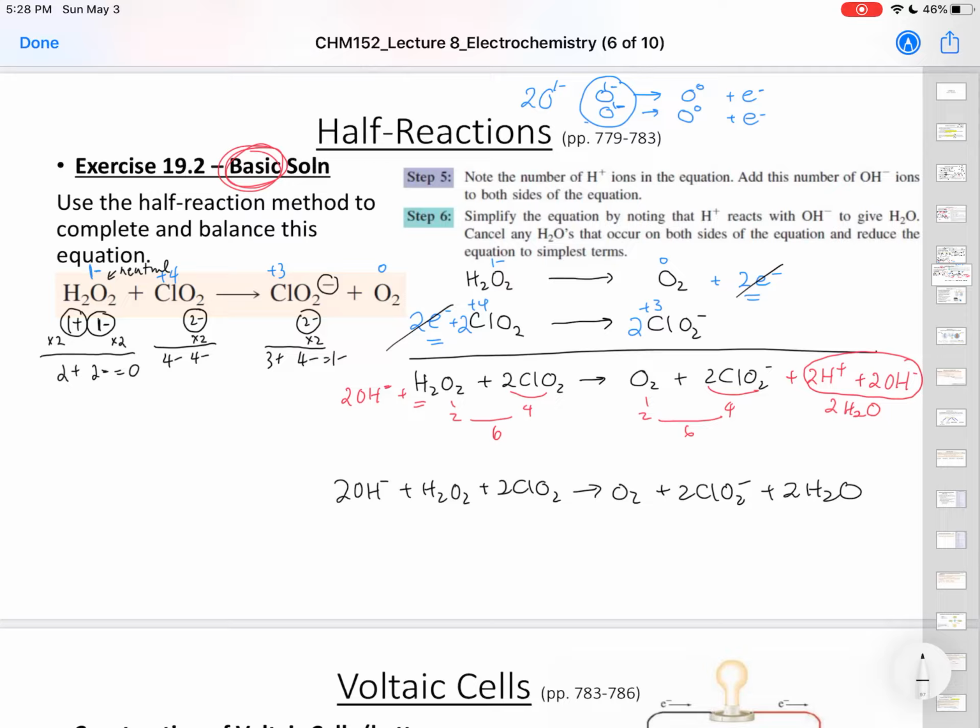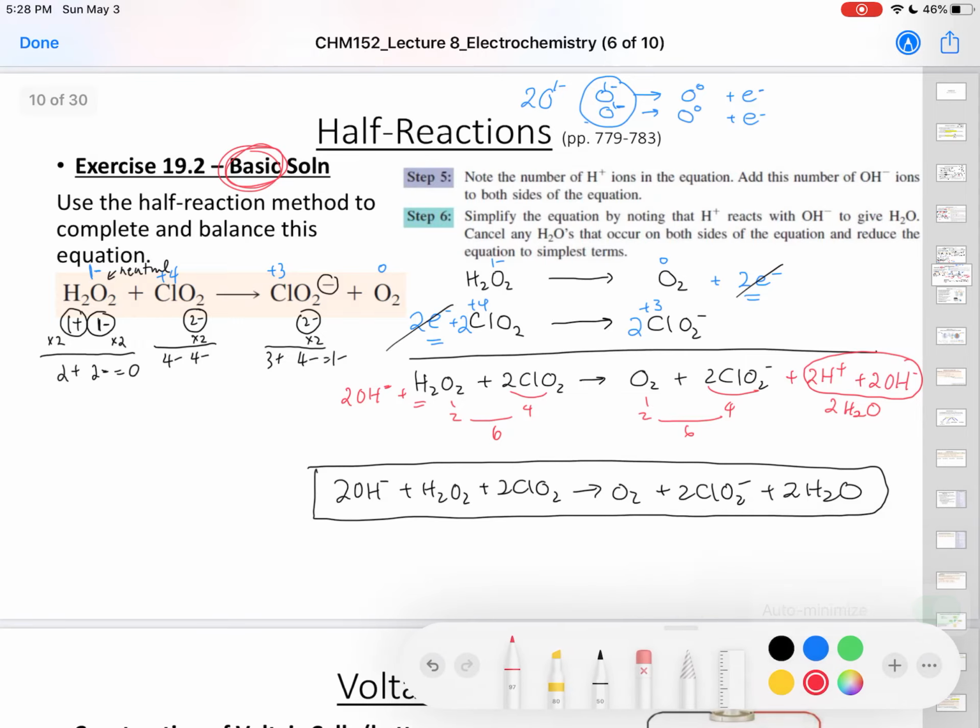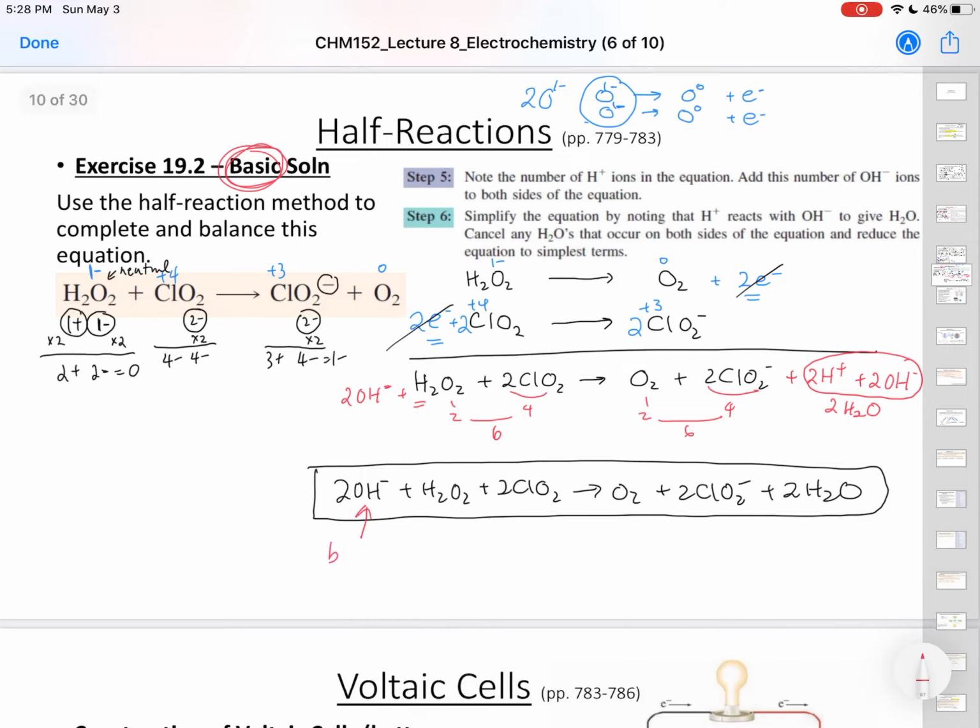Okay, and at this point, this is the final answer. And again, just to remind everyone, we are in basic solution, and since we have OH minuses and no H pluses, we are in basic solution. Okay. All right. Hopefully this makes sense.